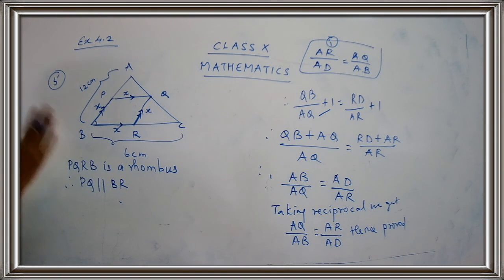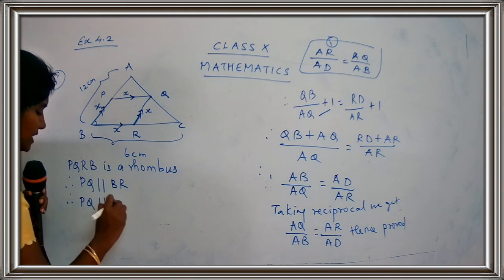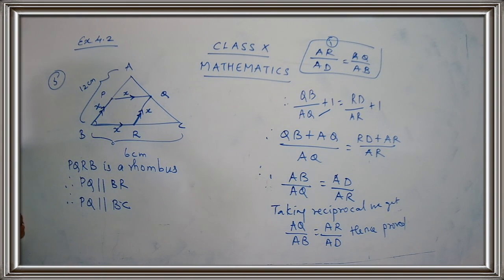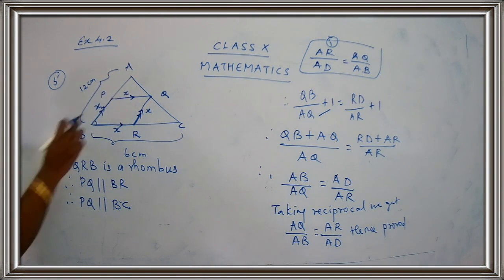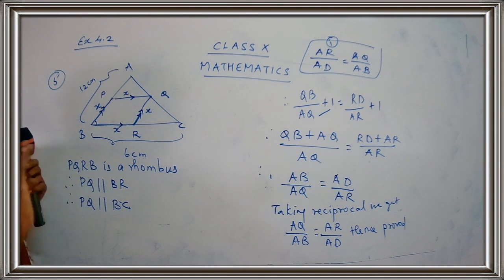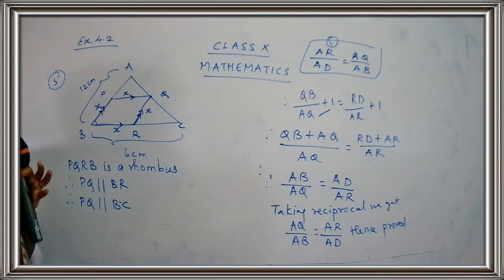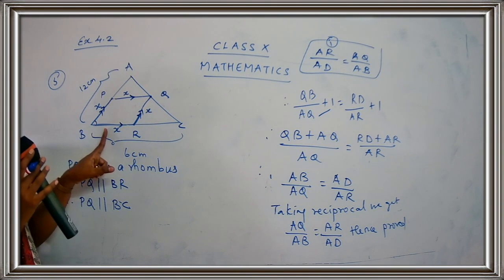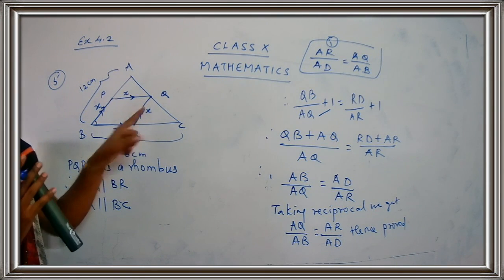I can just write one more statement. I can say that PQ is parallel to BC. Do you agree with this statement, children? If PQ is parallel to BR, that means this line and this line are never going to meet each other. That means BC and PQ will also be parallel.